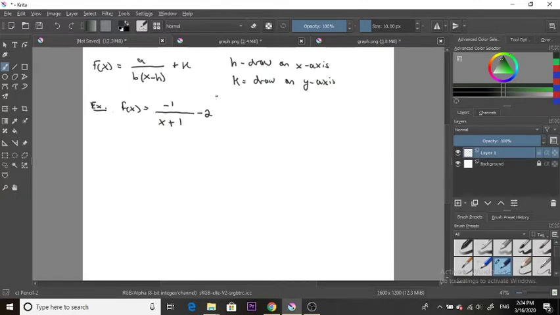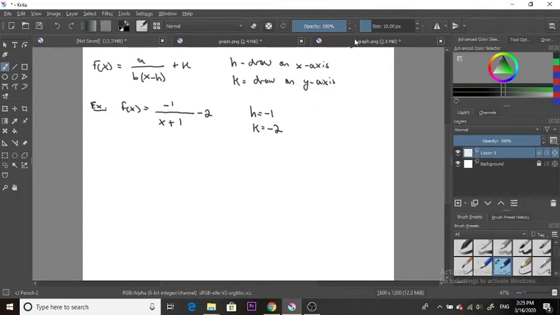So first thing that you want to do is identify what your h and what your k is. So remember, your h, you always take the opposite of the sign that's in front. So because this is positive, our h is going to become -1. And then for the k, you just take it as is. It'll be -2.